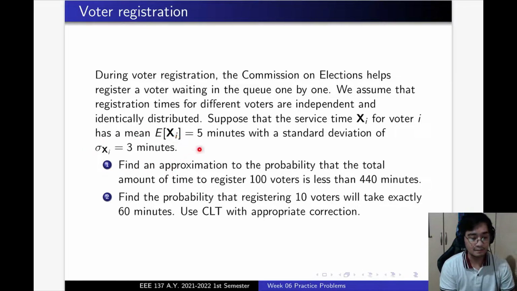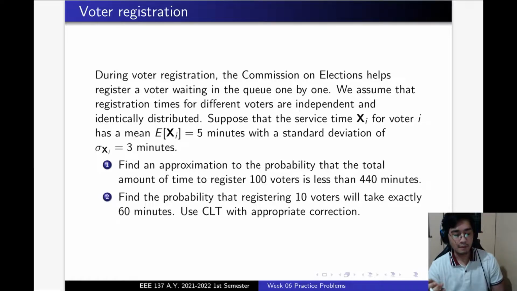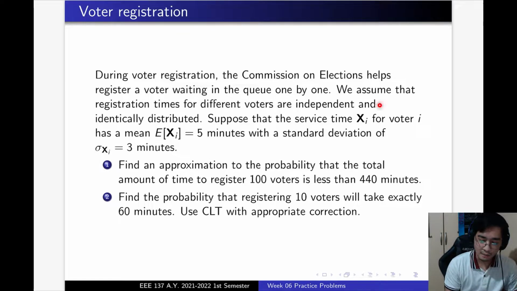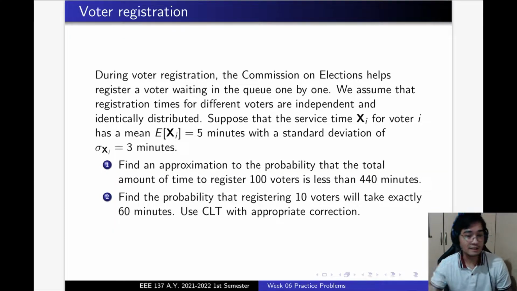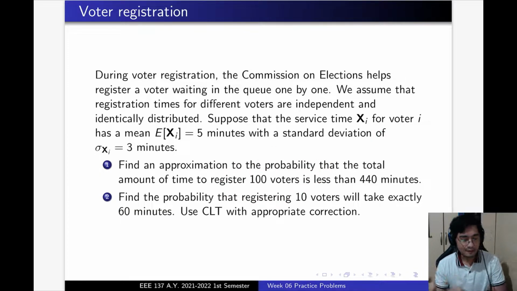Okay, so this is a central limit theorem problem because we have a sum of independent and identically distributed random variables, capital X_i, and we have a sum of 100 or a lot of random variables.